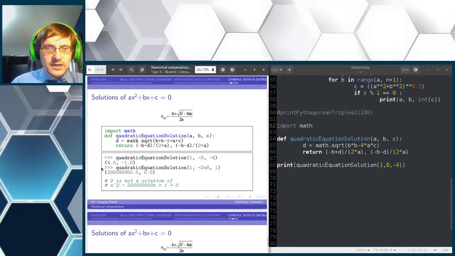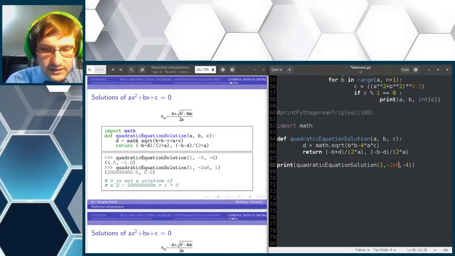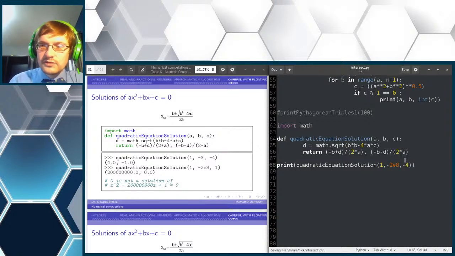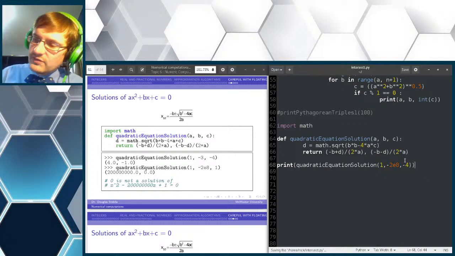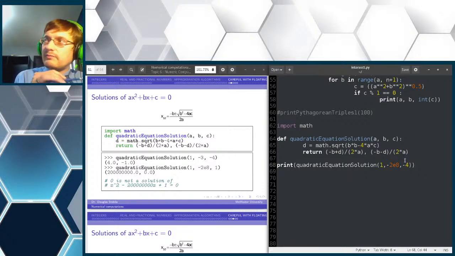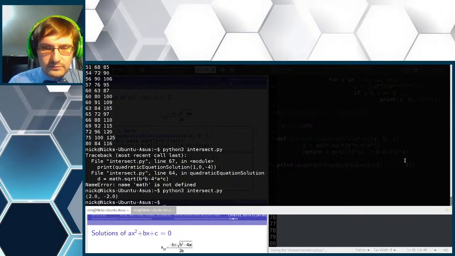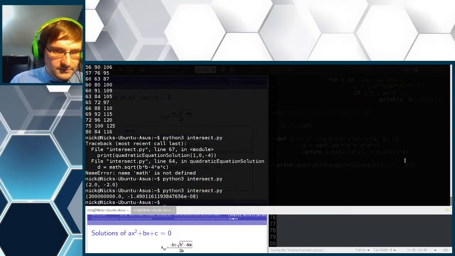Here's a question. What happens if you have something very large in the middle? Let's say negative 2 times 10 to the 8th, which is a large number.